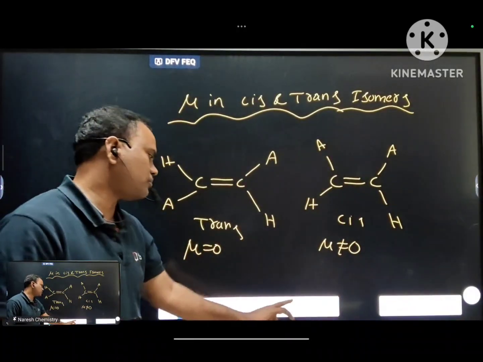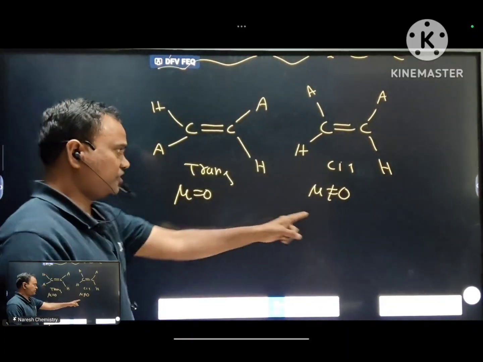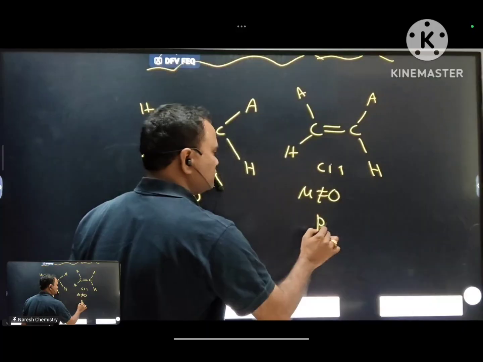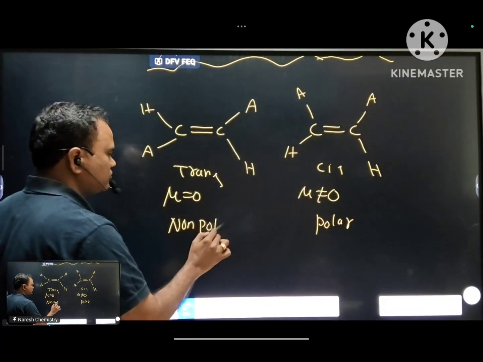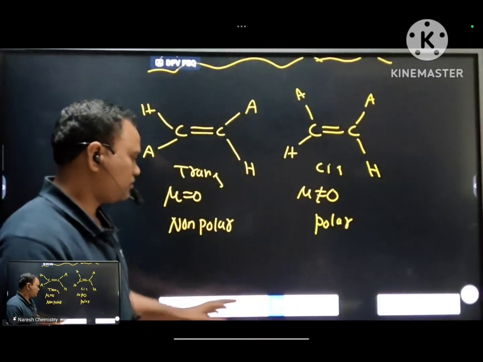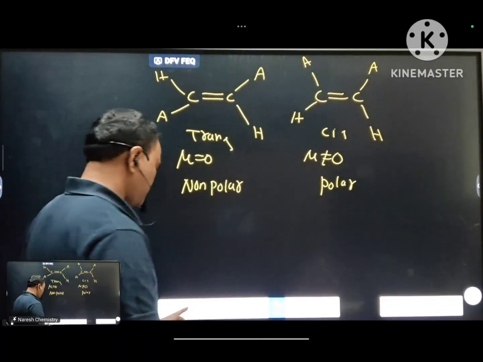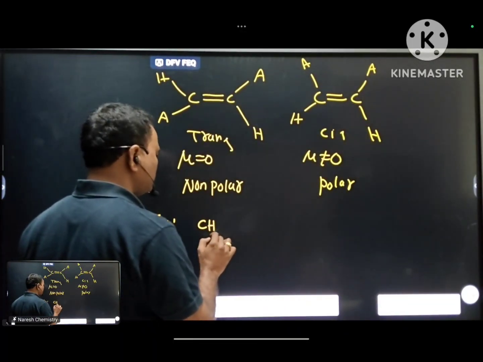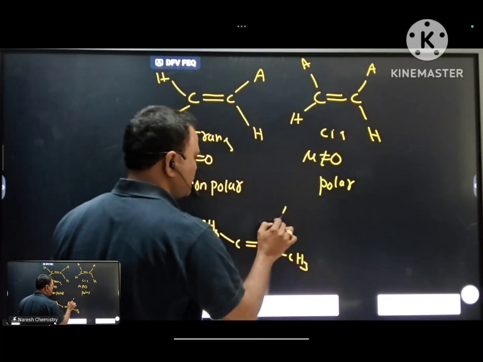Which is polar and which is non-polar? Tell me. Cis and trans. This is polar. Non-polar. Give an example. Give an example first. What is its name?